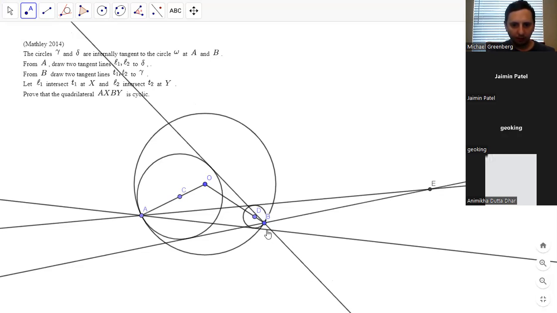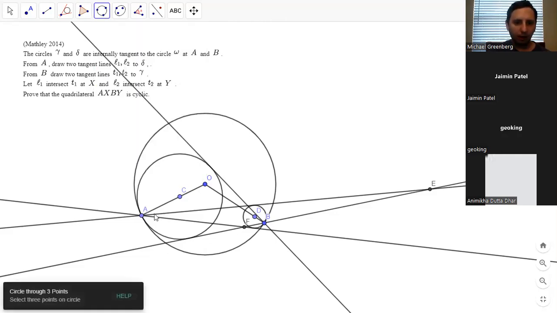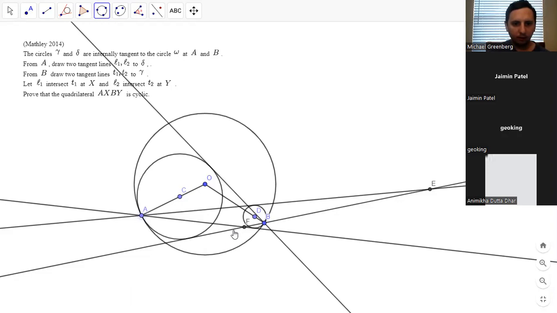And then I would want to see, so here's the other tangent. Do they mean this point? I think so. So wait. Is AFBE cyclic?